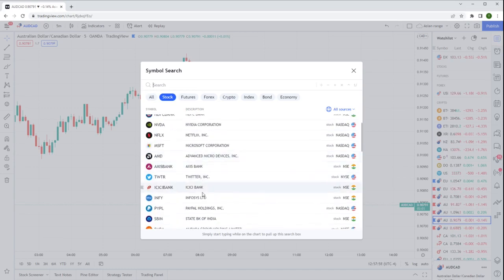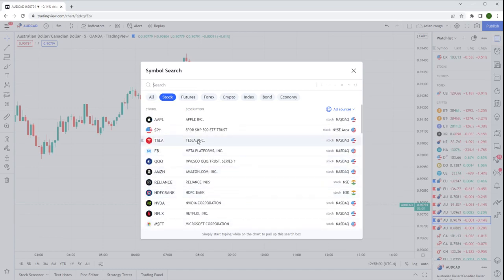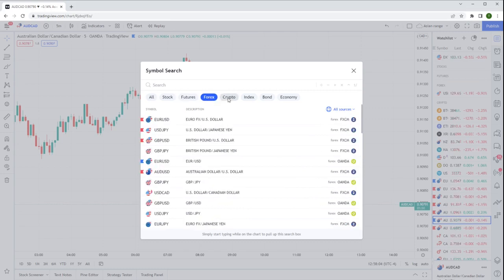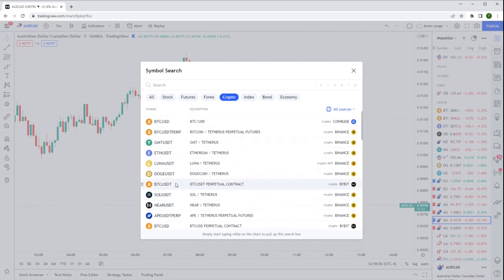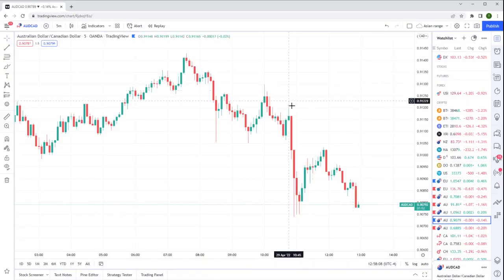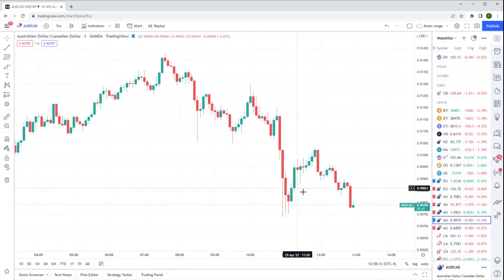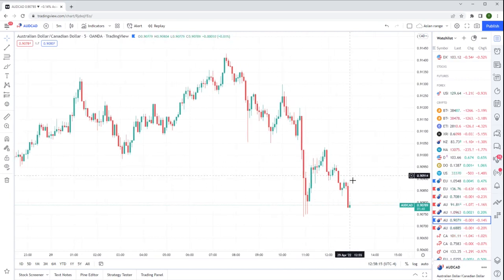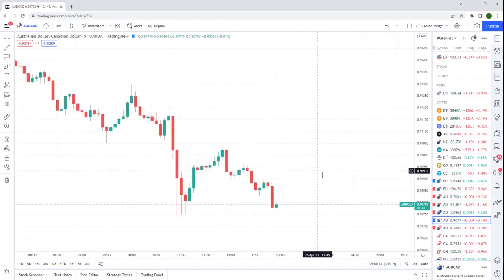Here's all the different stocks, for when you get into stock trading. All the major cryptos, you can chart them up, and it's pretty much a platform that shows you exactly what the price of whatever you're looking at is doing at the time.